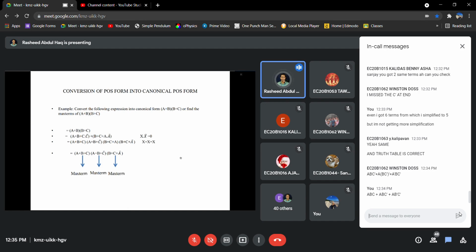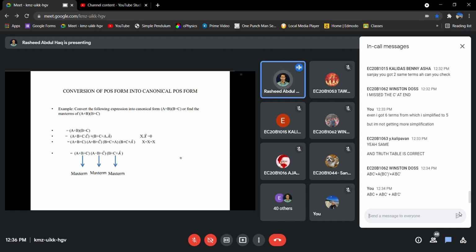Then on expansion we will get A plus B plus C, then A plus B plus C dash, and B plus C plus A, and B plus C plus A dash.